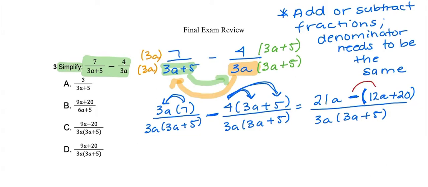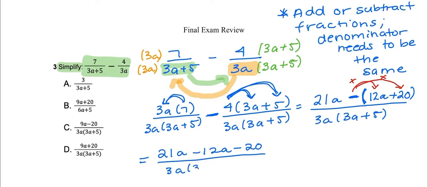So now I'm going to distribute the subtraction inside. Remember that whenever I say distribute, I mean multiplication. So I'm going to rewrite my expression again. This is going to be 21a. A negative times a positive is going to be a negative 12a. A negative times a positive is also going to be a negative 20. All of that divided by 3a times 3a plus 5. Now, my last and final step is going to be to combine like terms.